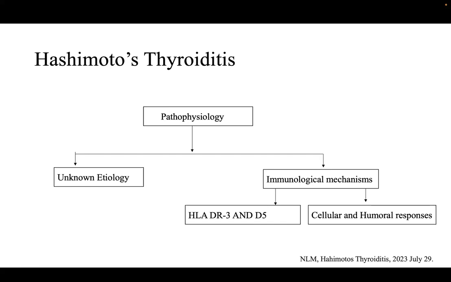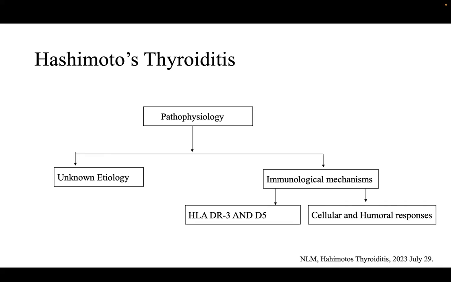Yes, sir. So Hashimoto's, you'll have unknown etiology and immunological mechanisms. Unknown etiology, it could be the genetic factors playing a role. And immunological, you consider HLA DR3 and DR5. And you have cellular and humoral responses also, which are activated, which is basically activation of B lymphocytes.